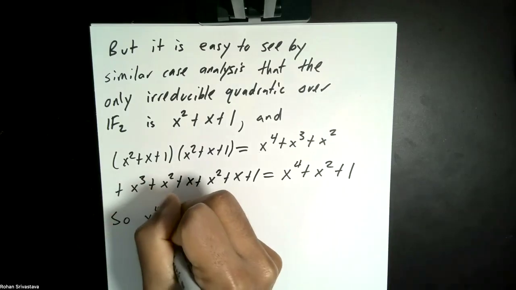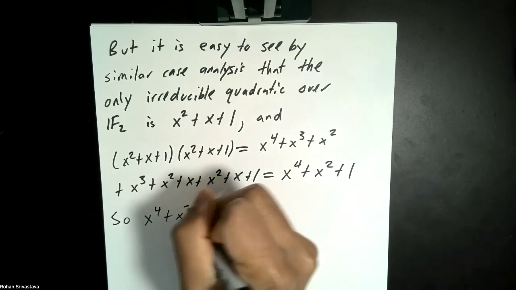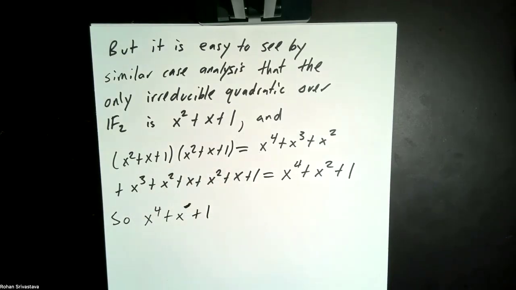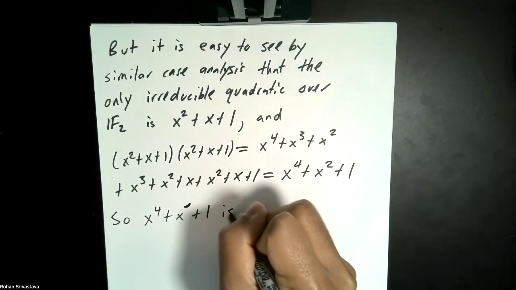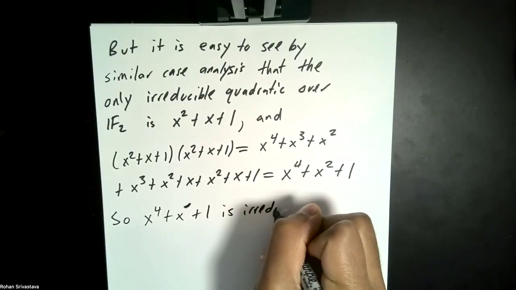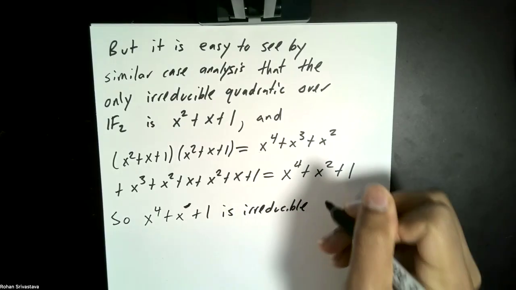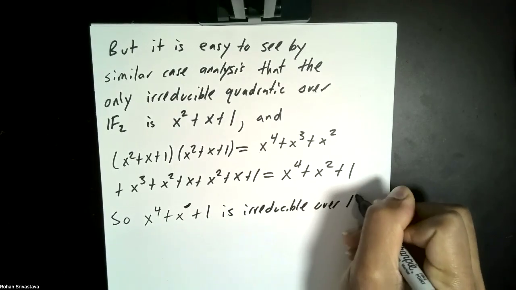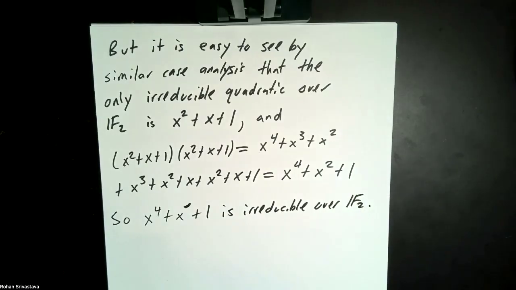So x to the fourth plus x plus 1 is in fact irreducible over F2.